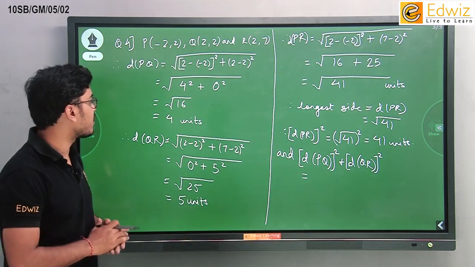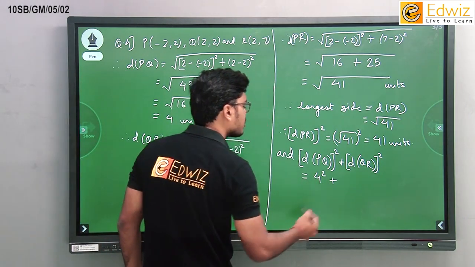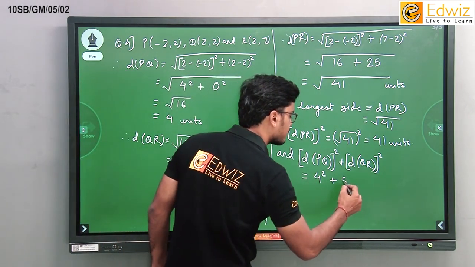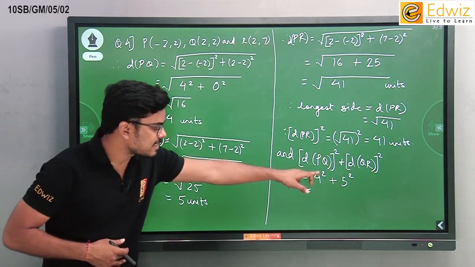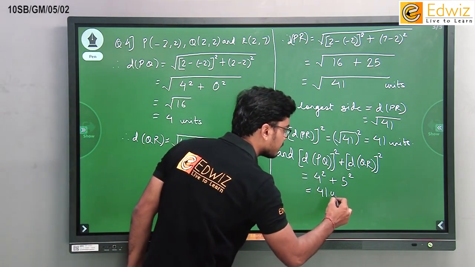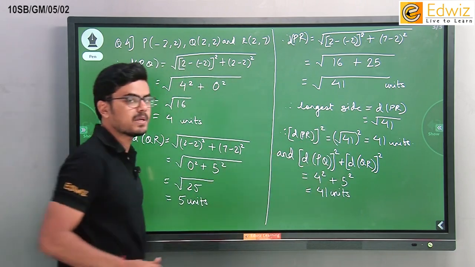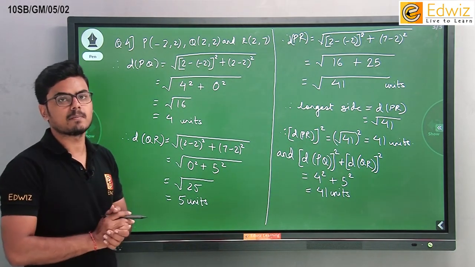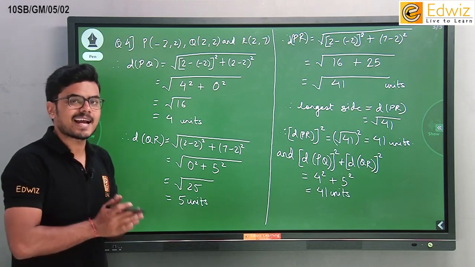Distance PQ square is what? 4 square, and distance QR square is how much? 5 square. Okay, if we add this once again, see, 16 plus 25 will get nothing but 41 units only. So clearly these two distances are equal. That means it fits into the Pythagoras theorem pattern. Okay, that's why points P, Q and R, they make a right angle triangle.